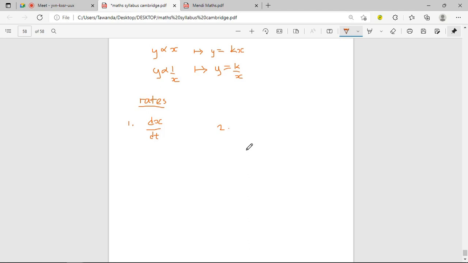Your next statement, number 2: the rate of decrease of x is denoted by negative dx over dt.